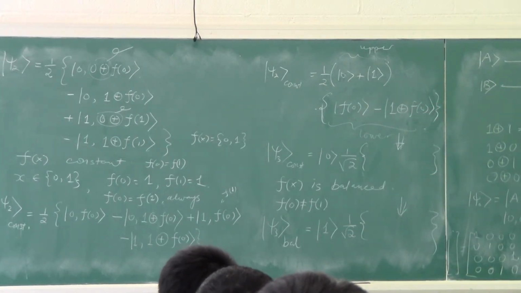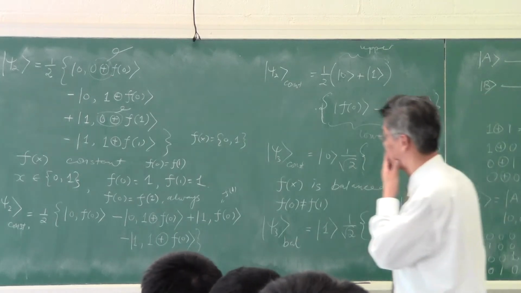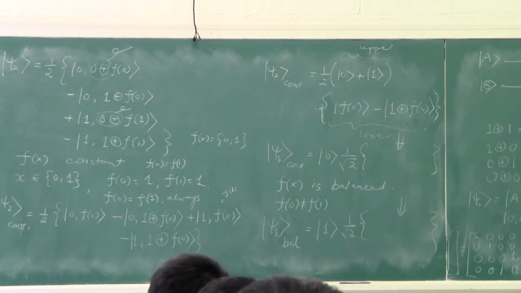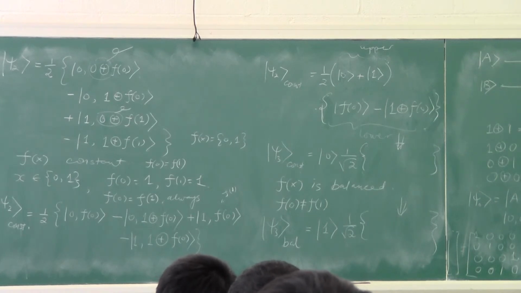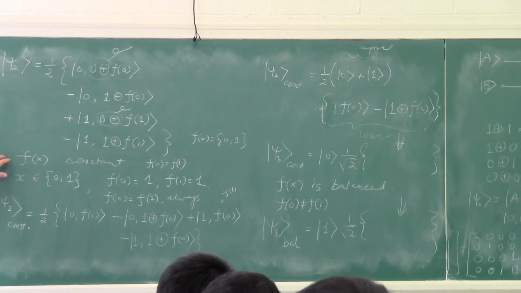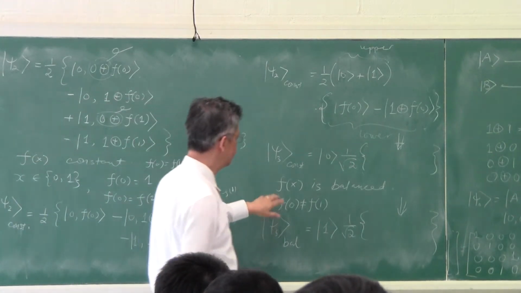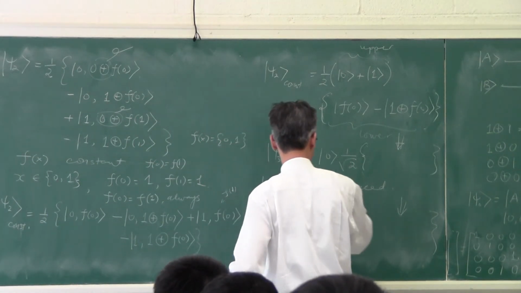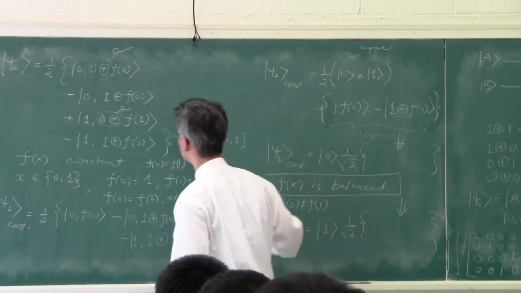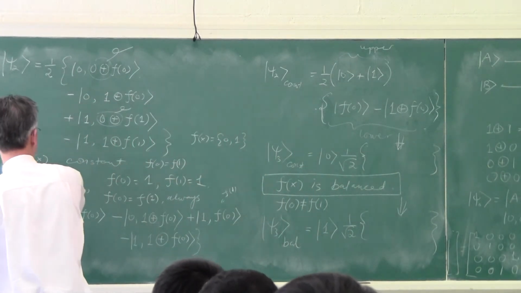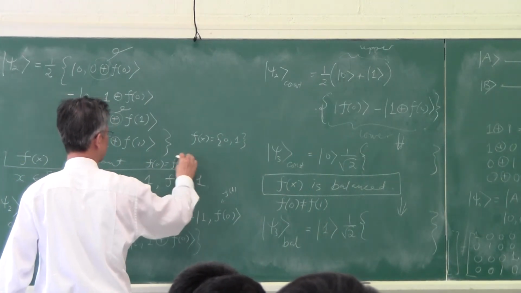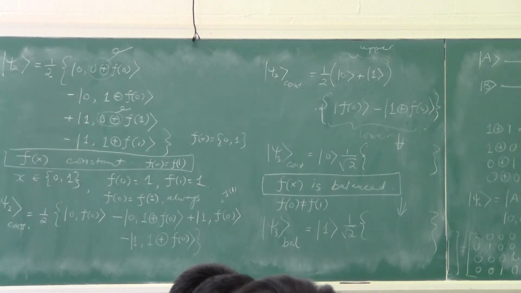Okay. So the marvel of the Deutsch algorithm is that at this stage, you do not know what f of x is. f of x can represent a constant function or a balanced function.